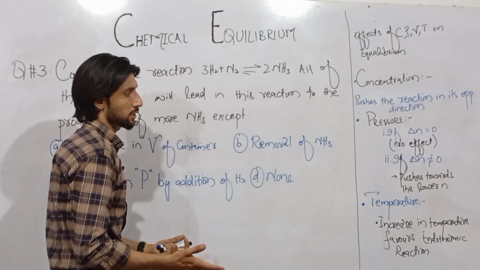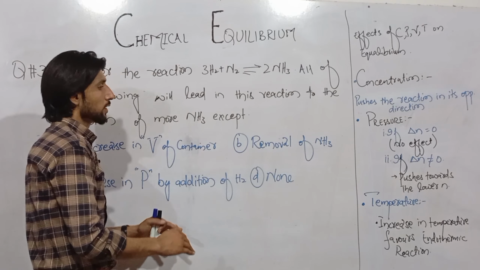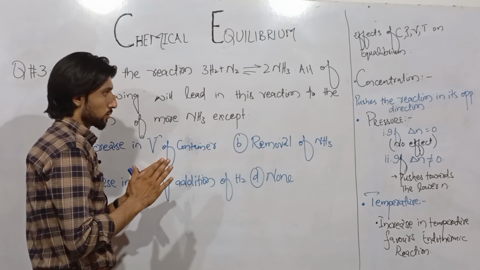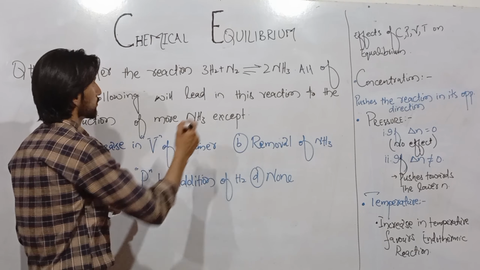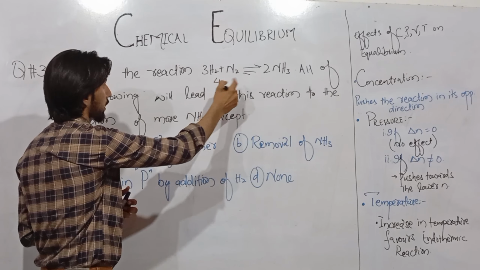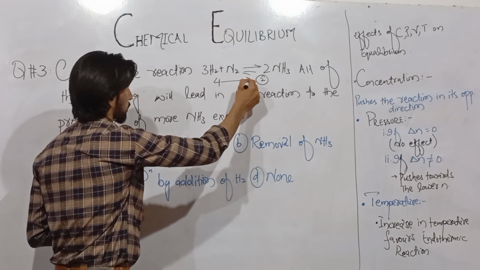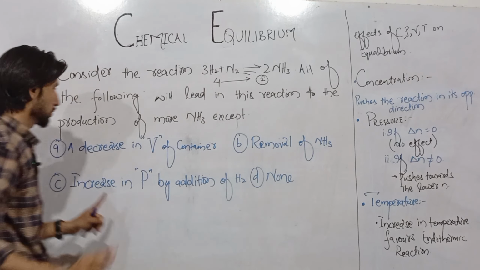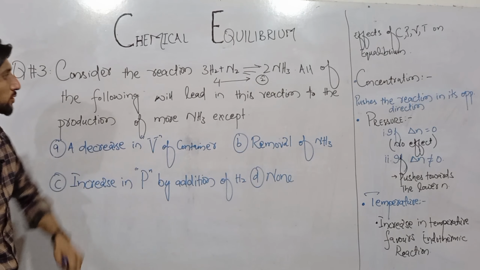We have already discussed that concept. So we will look for the number of moles on both sides. Decrease in volume will favor the side that has lower number of moles. Here the number of moles is 3 plus 1, 4, and here the number of moles is 2. So decrease in volume will favor production of ammonia.